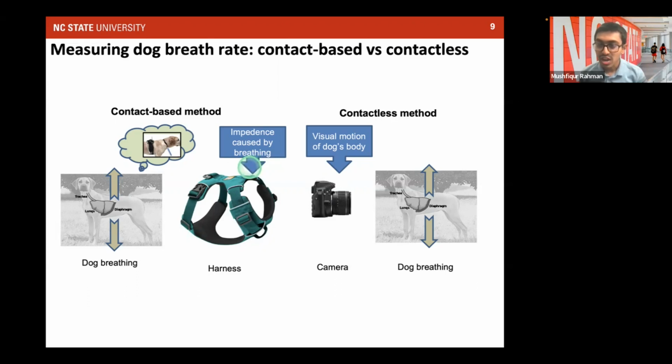In this experiment, we are interested in the contactless method using a digital camera. So this digital camera records the video that contains the visual motion of this region as video data. And in the later step, we will see that we can use processing algorithms to extract the breathing motion of this region and get the breathing rate.